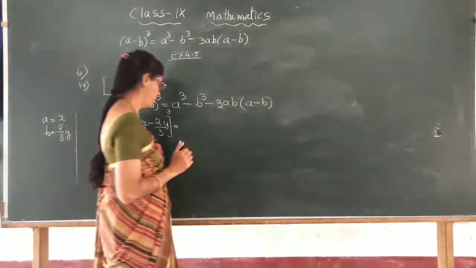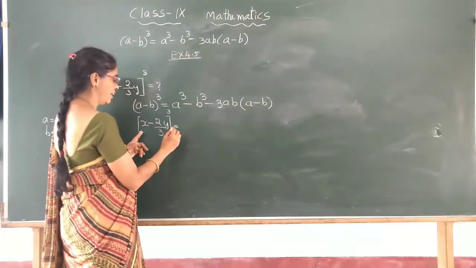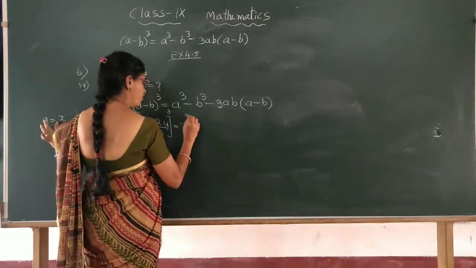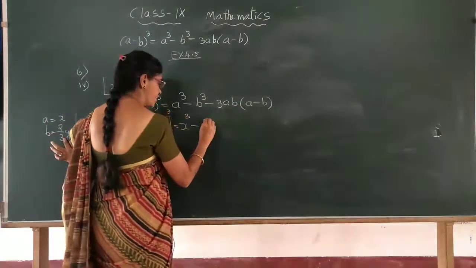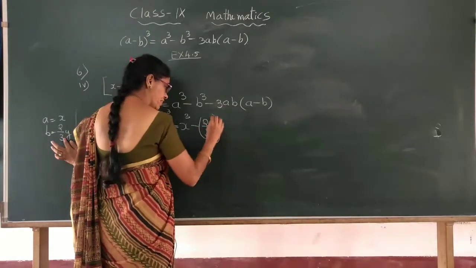Now see the identity and write a cube. A is x, so x cube minus b cube. B in the problem is 2 by 3 y; this full term you have to take as b.